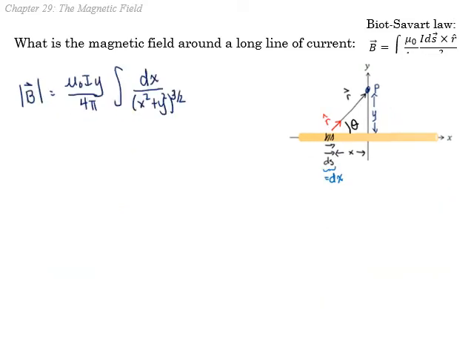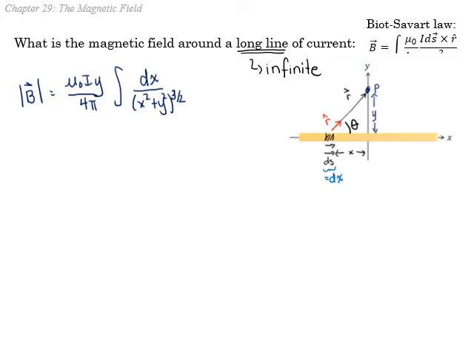To find the magnitude of our magnetic field now, we'll have to carry out the integral, which means we need to know the limits of the integral. We have a long line of current. A long line means infinite. So if we wanted to put the limits of our integral on, it would technically go from minus infinity to plus infinity.